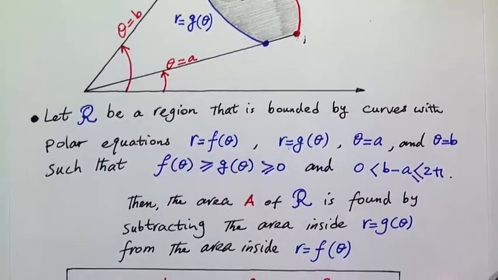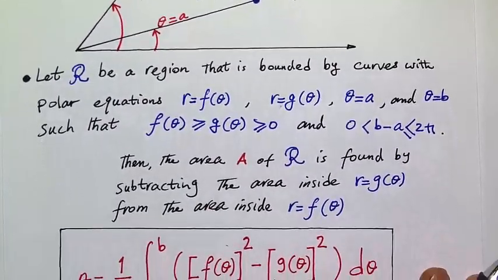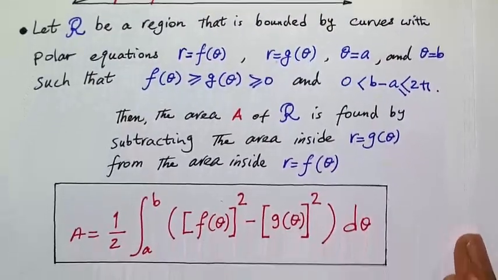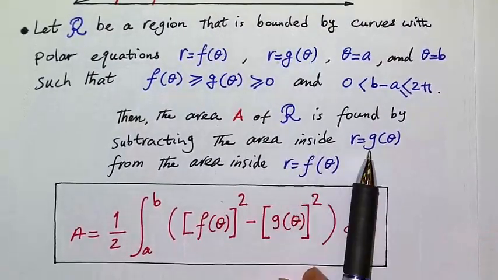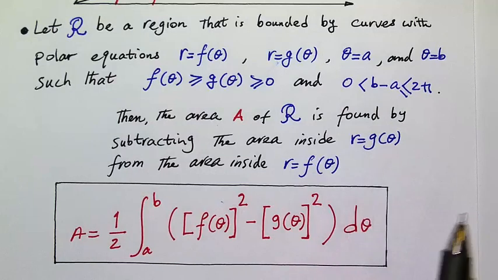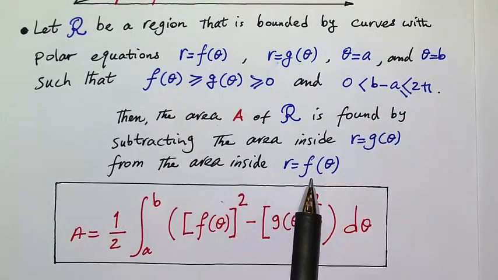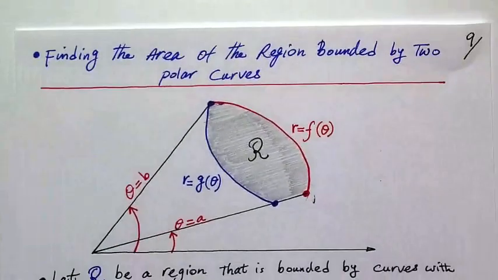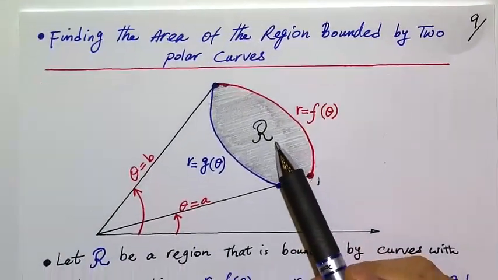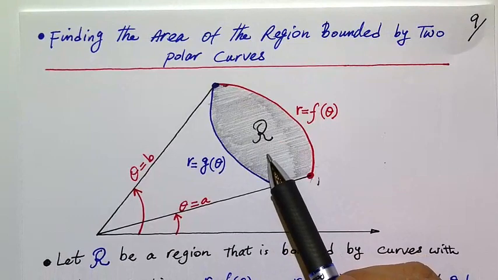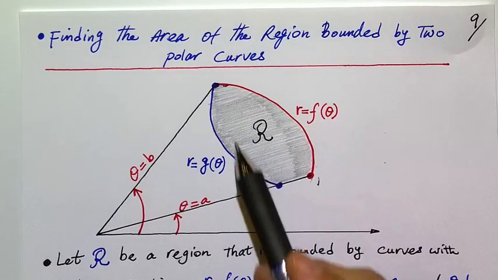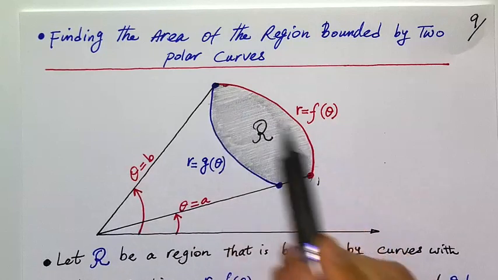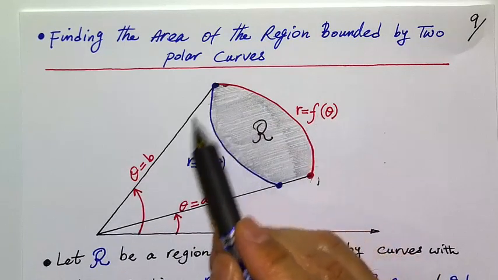And so the area of that region R is found by subtracting the area inside g of theta from the area inside r equals f of theta. Basically, the shaded region is the result of finding all this area, which would be f of theta.